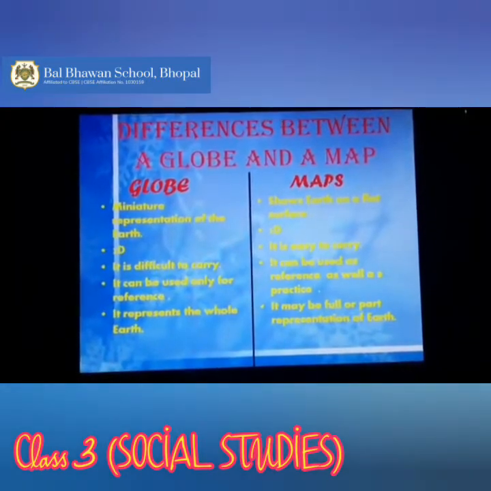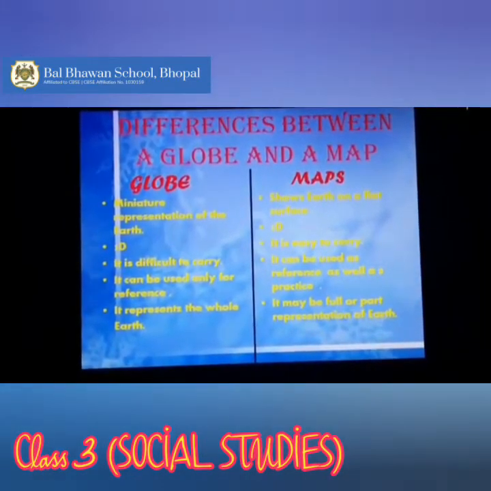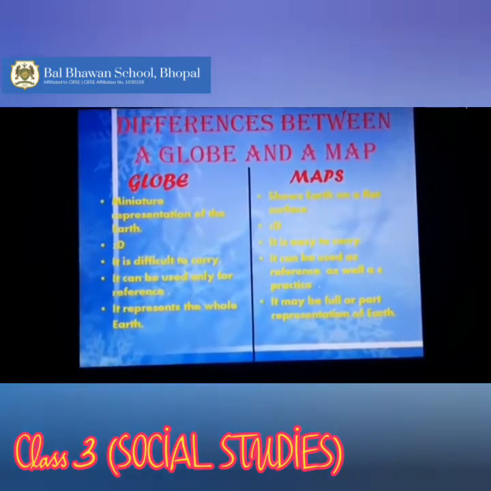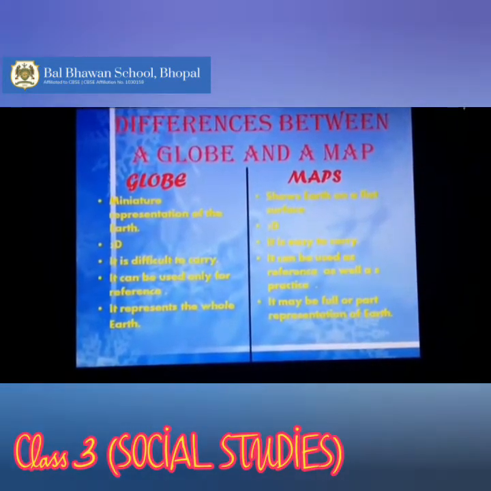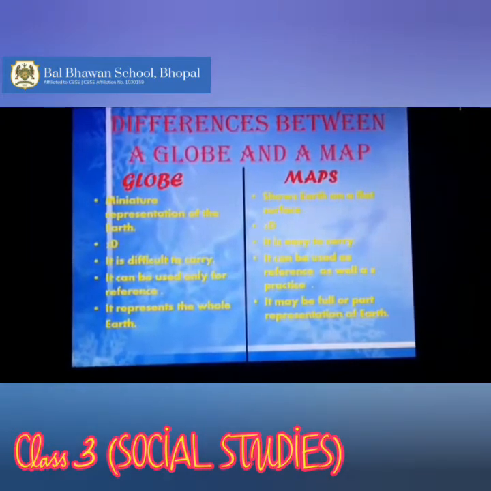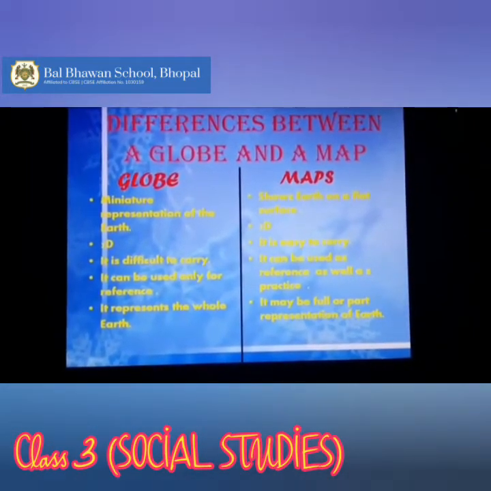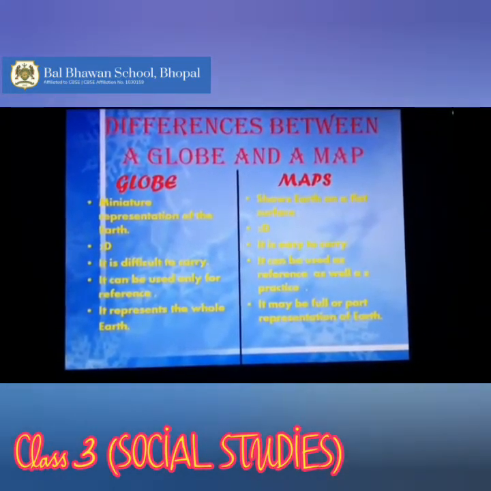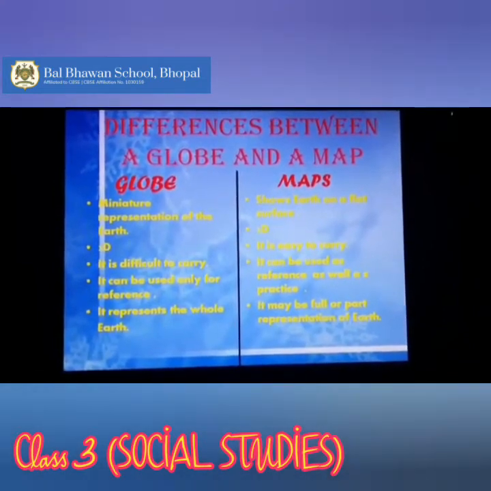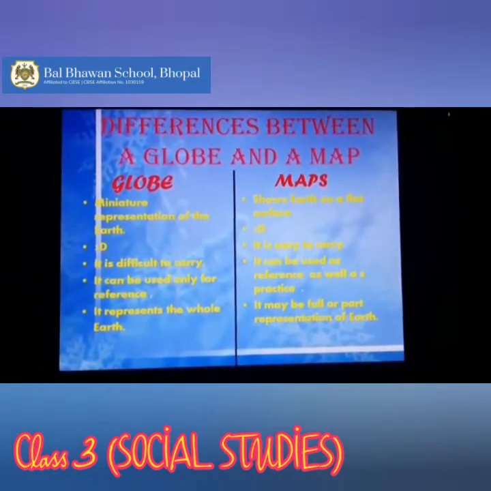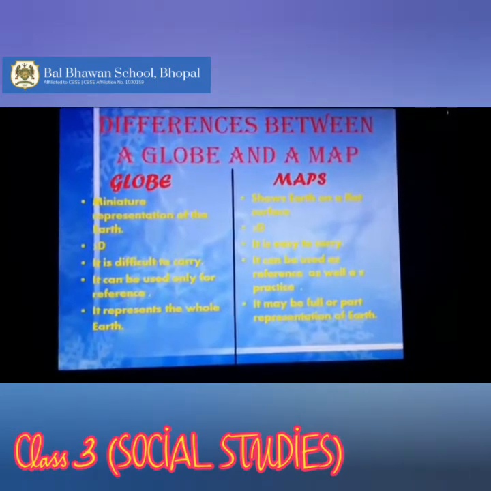Now children, here are some differences between a globe and a map. A globe is a miniature representation of the earth, whereas a map shows the earth on a flat surface. Globes are three-dimensional, whereas maps are two-dimensional.